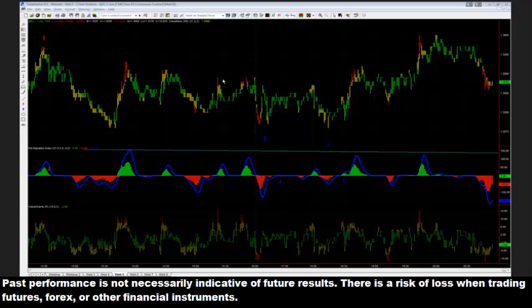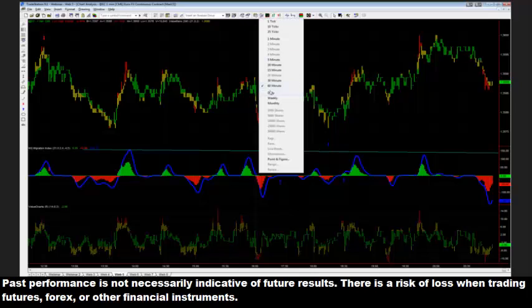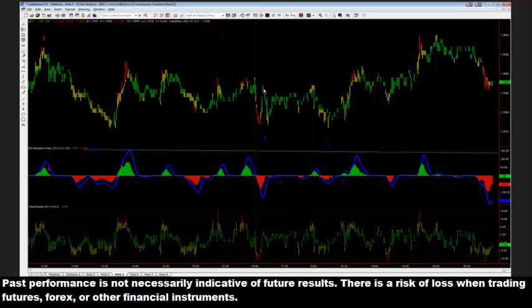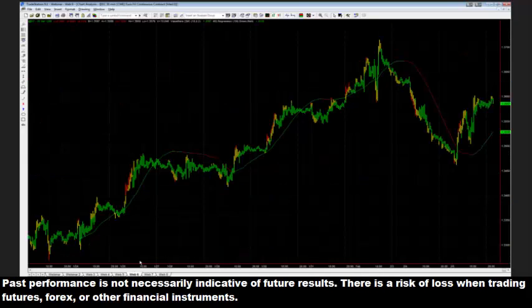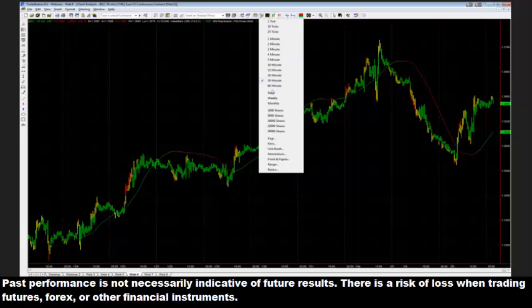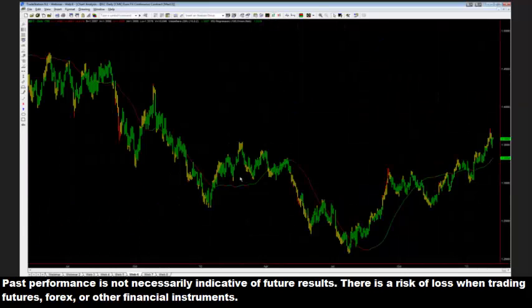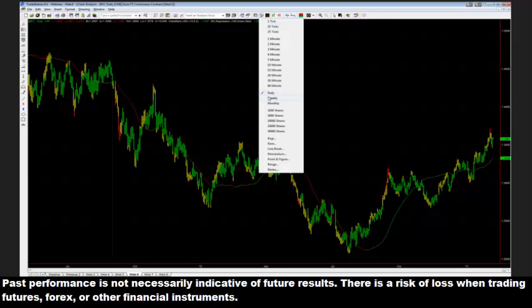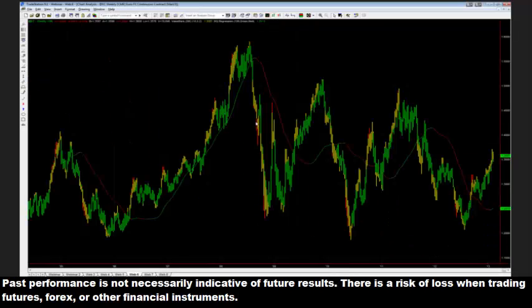If I went out to daily, then I'm doing a much longer term. For whatever reason, my TradeStation is kind of hanging up here, but I think you get the message. Let me see if I can find one of these other charts. Okay, this is 30 minute. Daily. Okay, this is daily, that's longer term, and then weekly is longer term than that. So that is one way to do it.